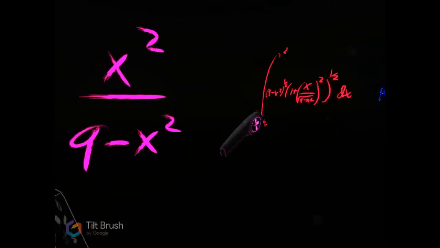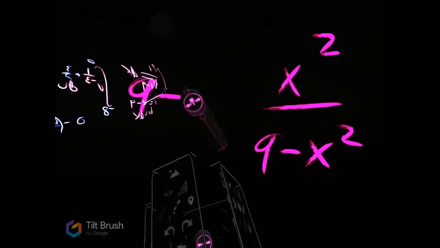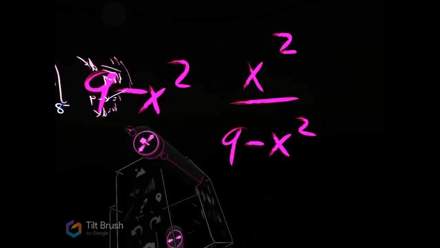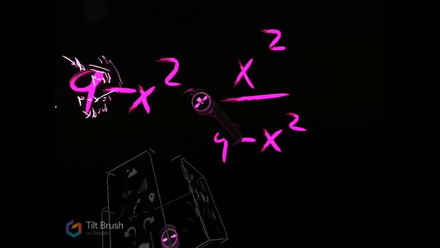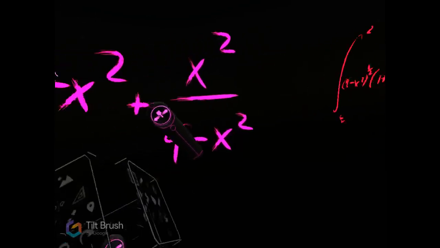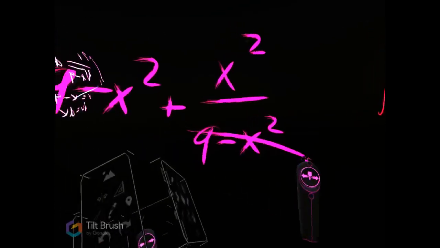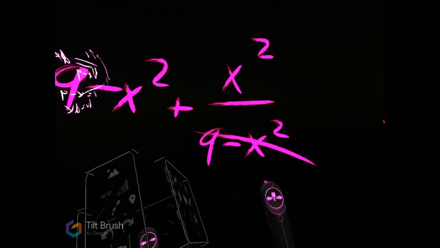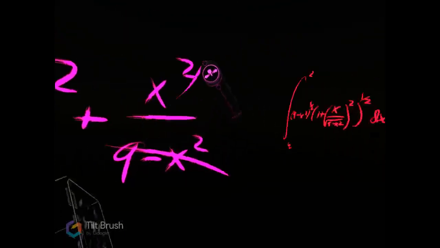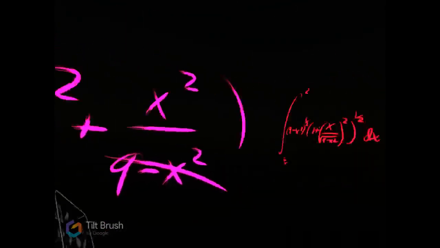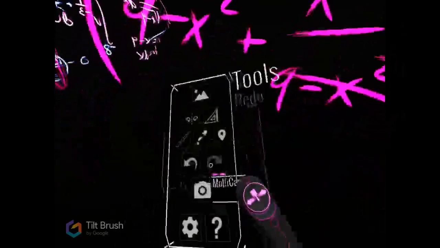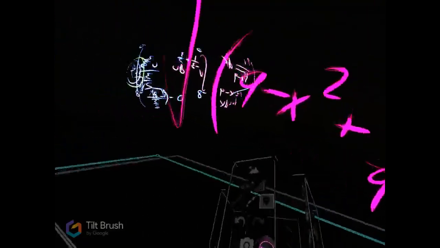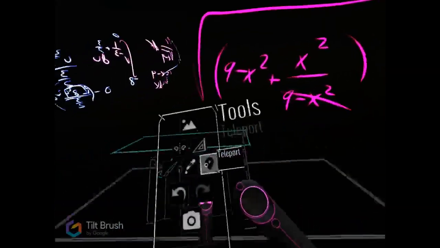And I distribute that 9 minus x squared, so I have 9 minus x squared, plus, so that cancels out. This is all underneath the square root. Kind of nice doing lazy math, even though it's not very organized.